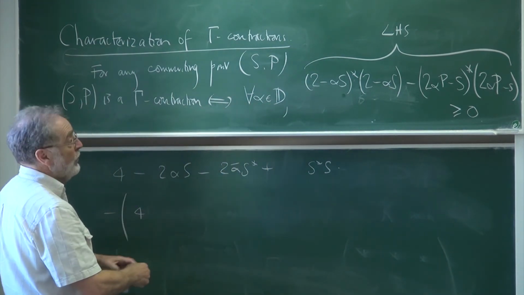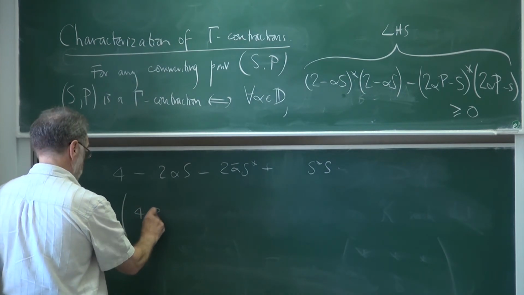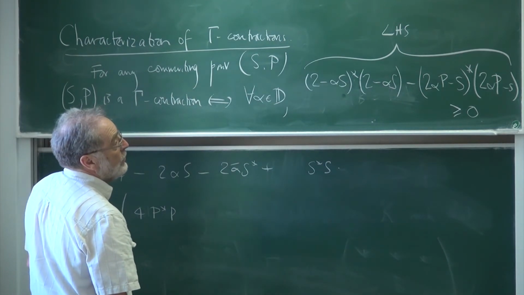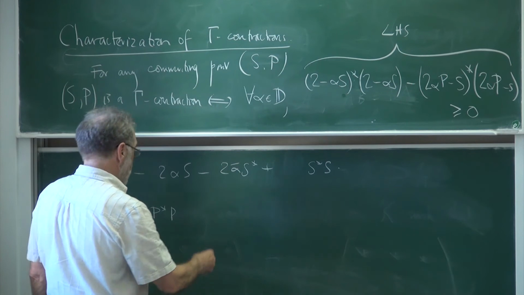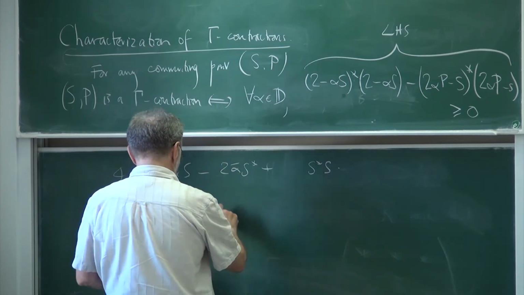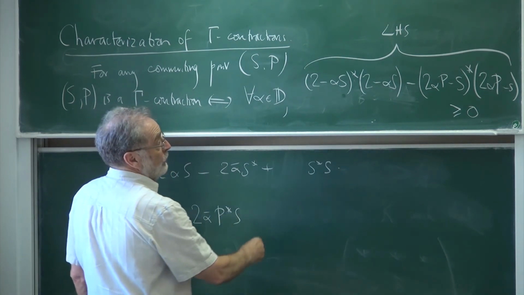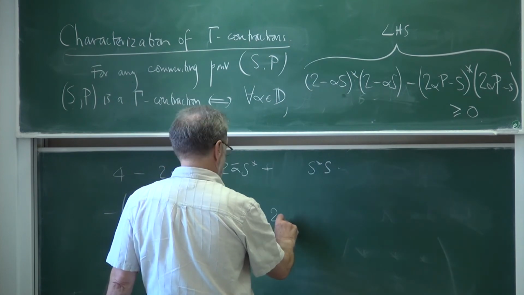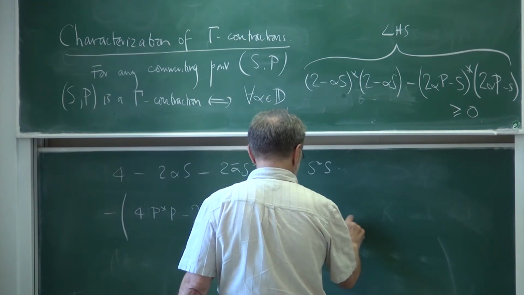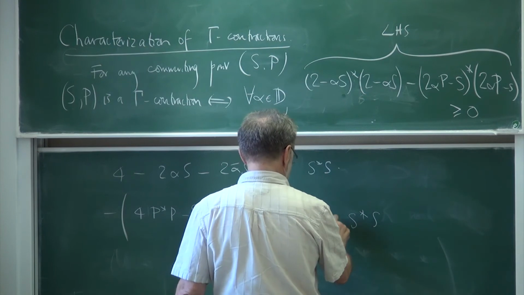So we would get 4 p star p minus 2 alpha p star s, 2 alpha bar p star s, minus 2 alpha s star p, minus s star s plus s star s.